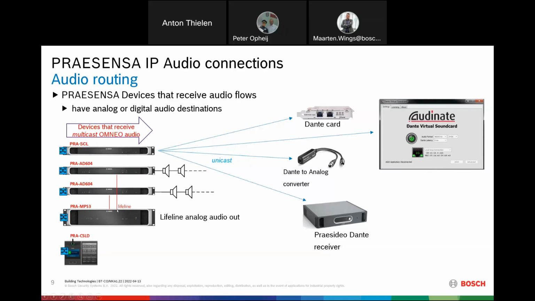And this lifeline is an analog connection, which is then connected from that lifeline output to the amplifier. So in case this one is losing its entire control, it still has an analog input, a line input where it will listen to, and then this one can play that audio which is then received through that MPS.